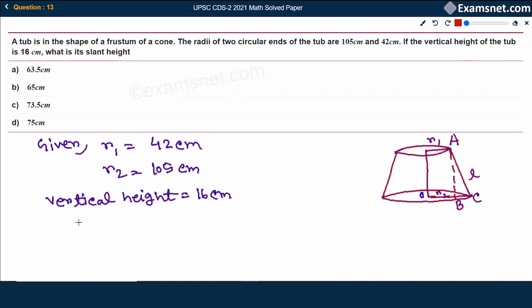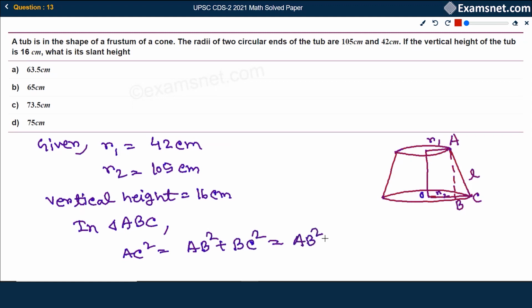In triangle ABC, it is a right angle triangle, so it will satisfy the Pythagoras theorem, right? So AC square equals AB square plus BC square.